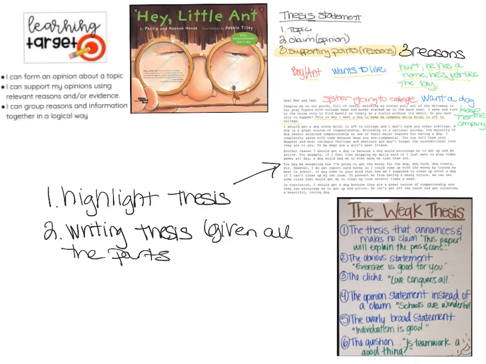One thing I've mentioned to my class is that it doesn't have to go topic, claim, and then supporting points. You may switch it around. You may give the reasons first and then the claim and the topic. This is where it is going to be unique. Everybody's sentences will be different.